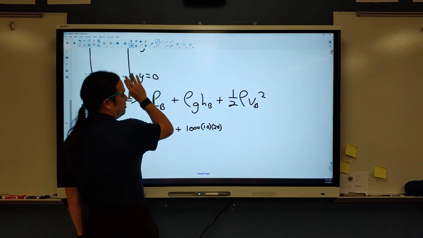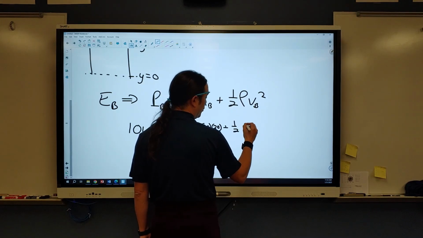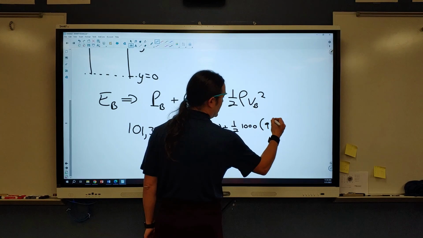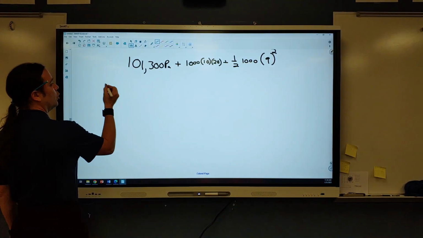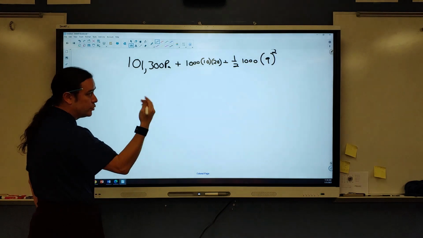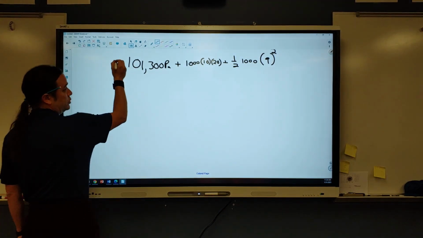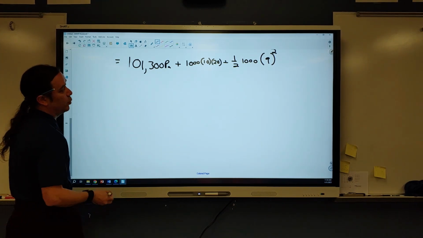You could have changed it, but I'm going to keep things consistent there, so we're 20 above the ground. Plus 1/2 rho, that's 1,000, times 9 meters per second quantity squared. So the energy per unit volume that I need to get 9 meters per second at point B would be whatever we get here.